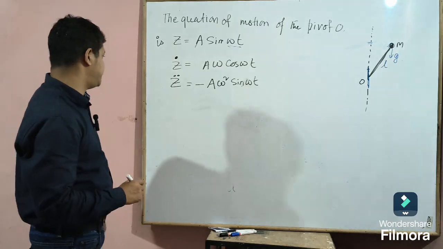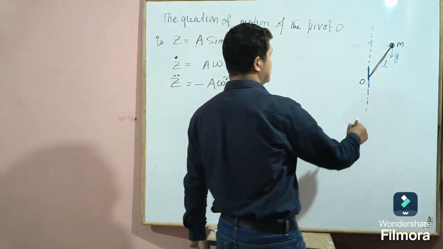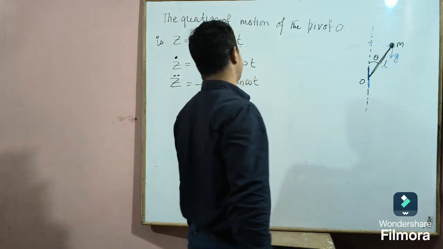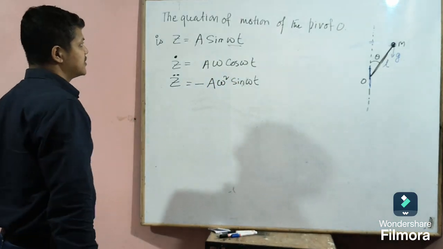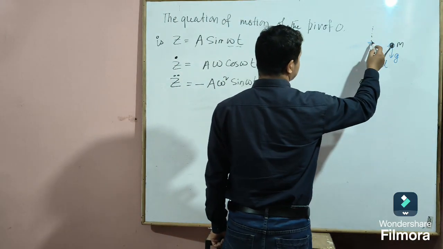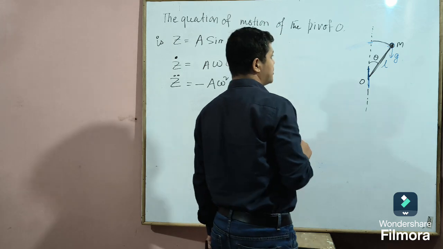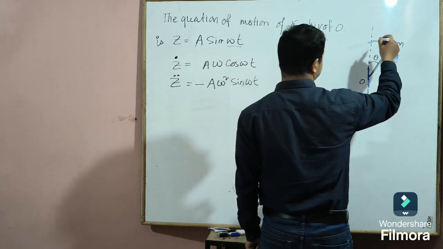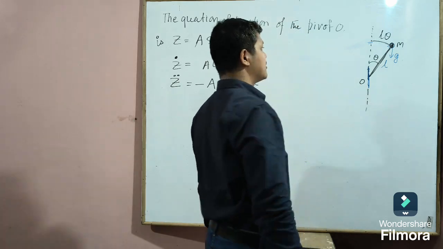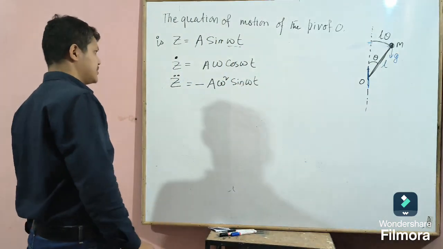Now let me consider this angle as theta. The length of this arc will be given by L theta, right?